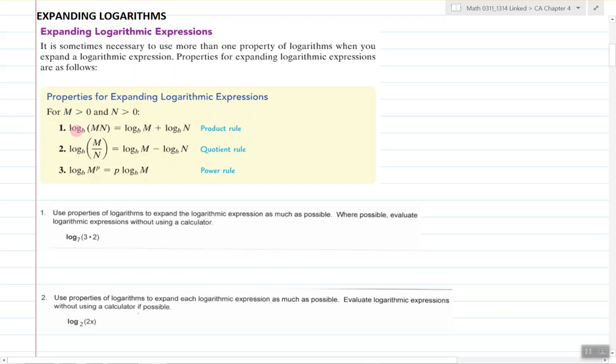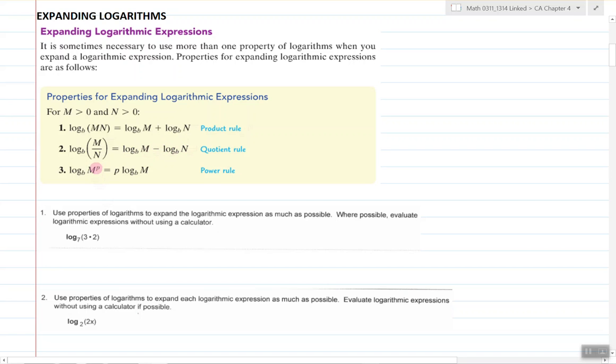All right, the first one says, if you have the log, any base, of a product, it is the log of the first factor plus the log of the second factor. That's called the product rule for exponents. If you have log any base of a quotient, it is expanded into the log of the numerator minus the log of the denominator.